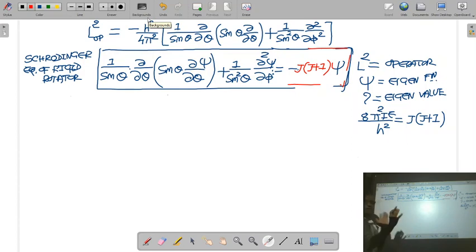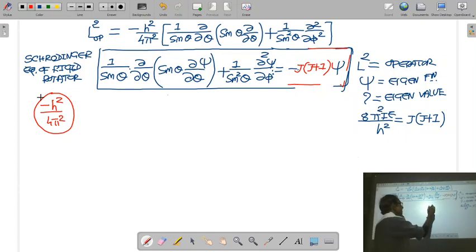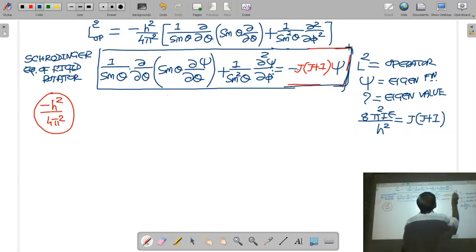So I multiply both sides of this equation by minus h square upon 4 pi square. Let us multiply this equation with minus h square upon 4 pi square on both sides. Okay. So what do we get?